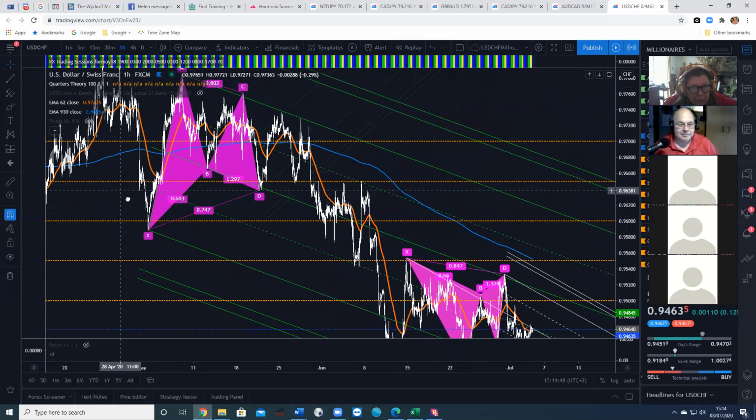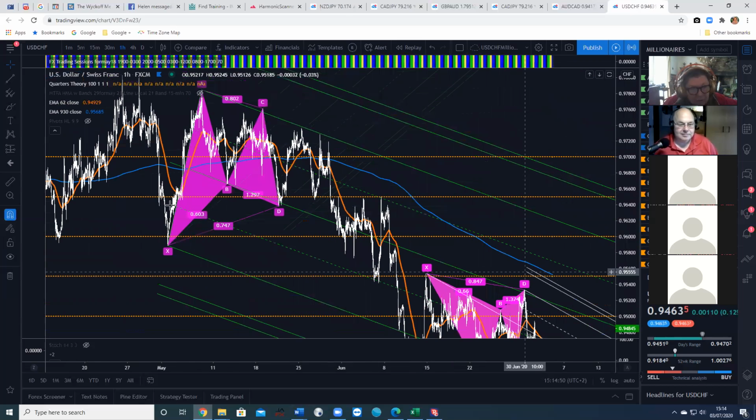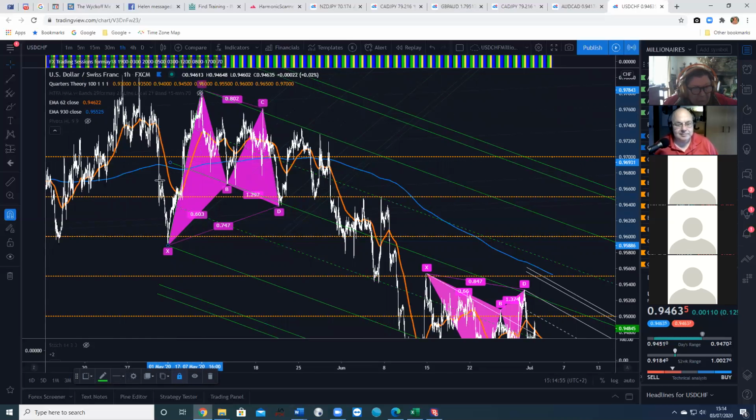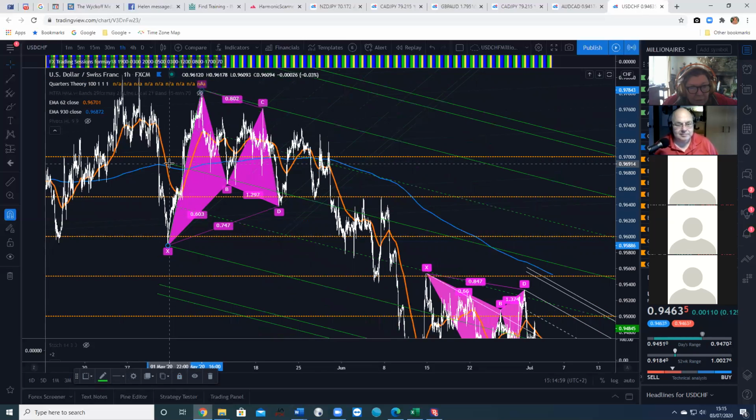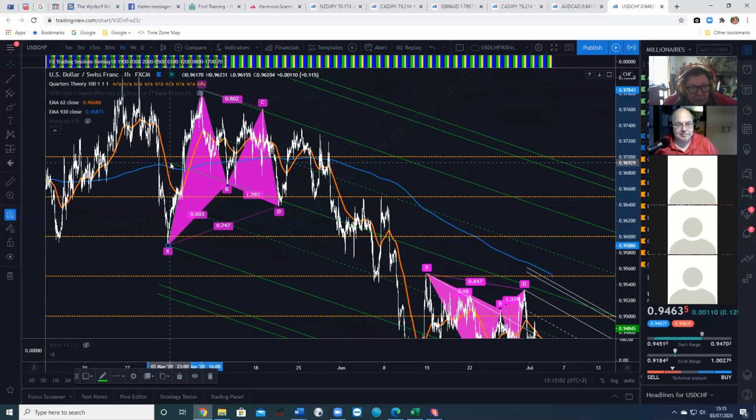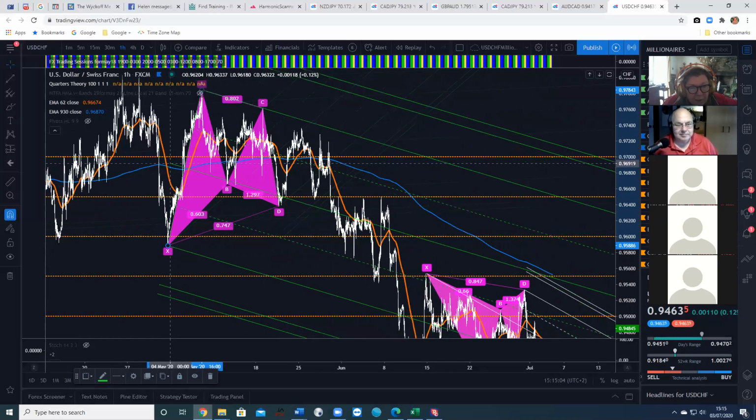I could actually redraw it to make it touch that D point down there. So if I move that to the C point, there, move it to the C point. Oh, it's not touching down there.